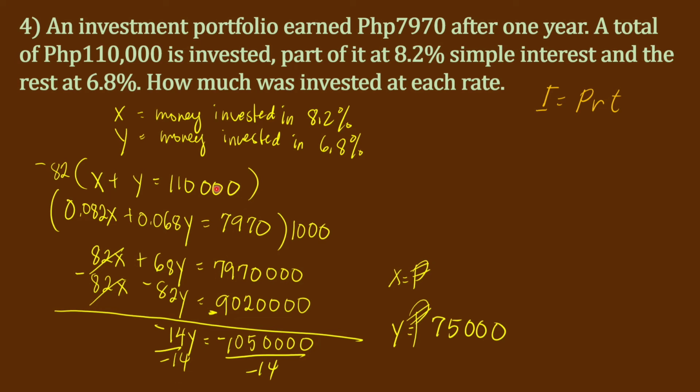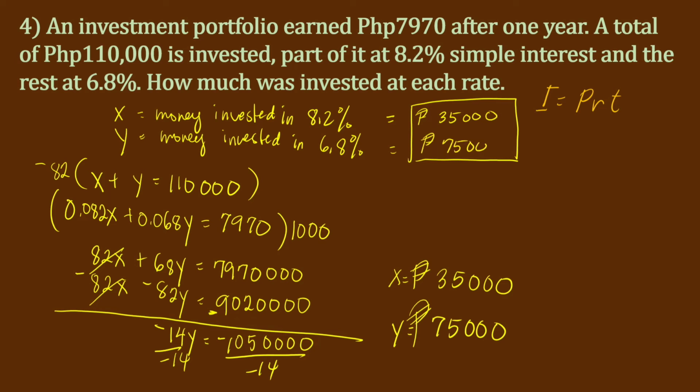We just subtract from here 75,000, which is 35,000 pesos. Okay? So, if you want, you can just write here your final answers. So, this will give us these final answers. Okay?